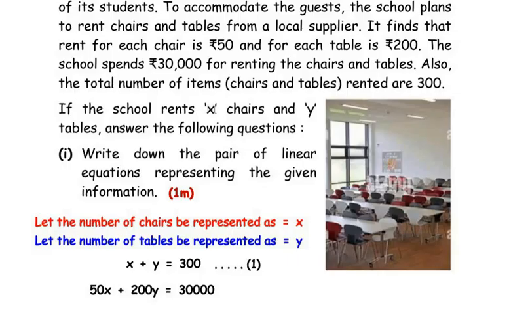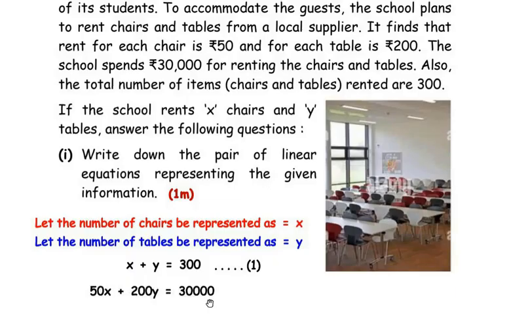But here we have taken X chairs, so the total cost of chairs is going to be 50 times X. Plus, now the supplier says that for each table the cost is 200. So for Y tables, the cost is going to be 200Y. So the total cost of chairs plus the total cost of tables will be equal to 30,000.